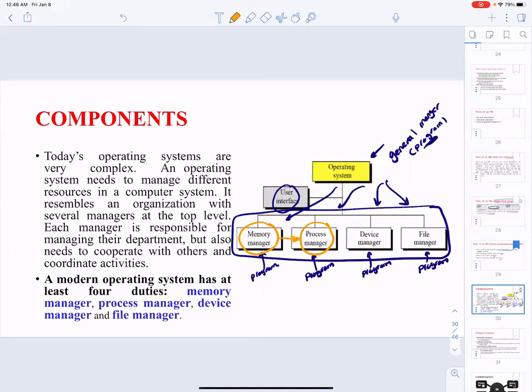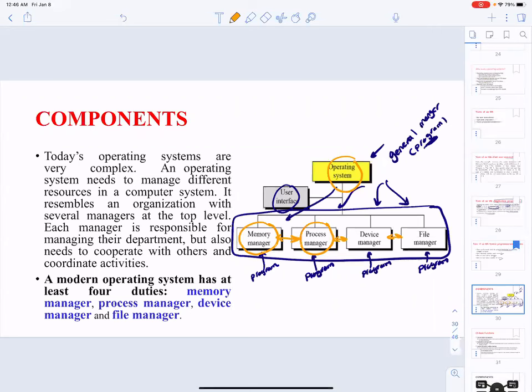We might see some communication or cooperation between those managers. And then the operating system is the main controller or the main manager, like the general manager, that controls all of these sub-managers that work underneath the operating system.